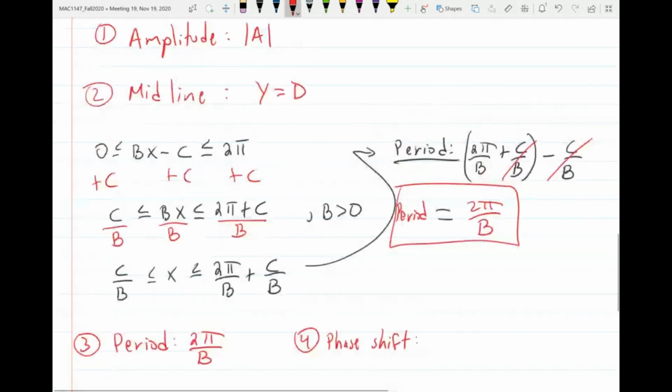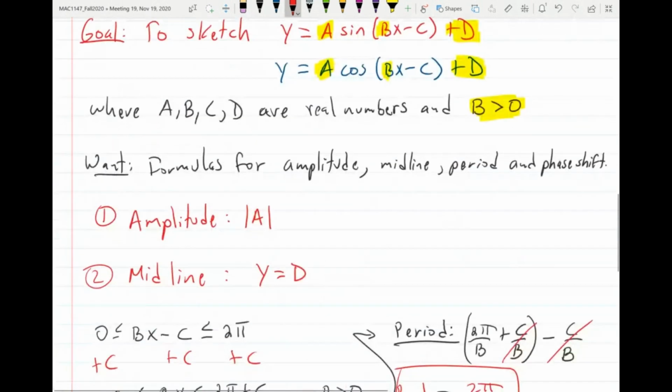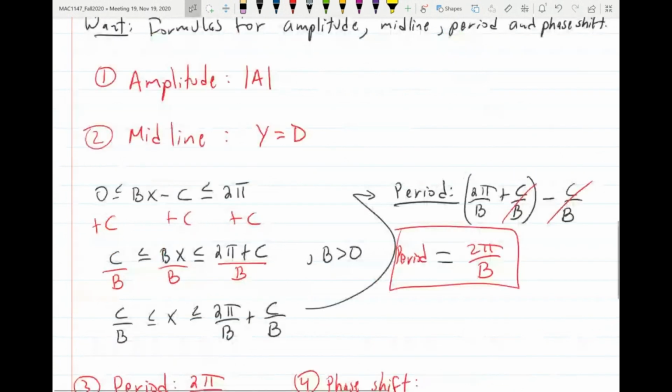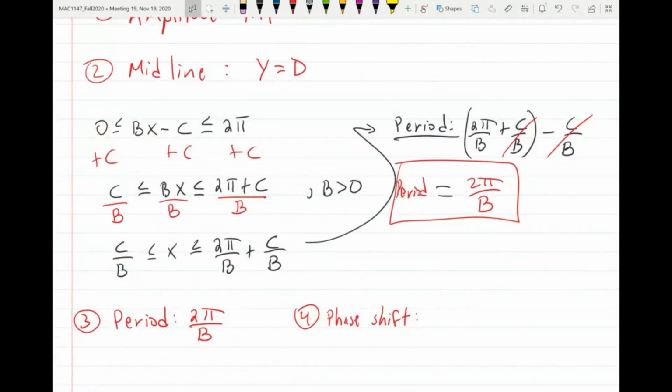So originally, our main cycle was between 0 and 2 pi. So the left endpoint of the cycle was at 0. And we can see here that now the left endpoint of the x in the main cycle is c over b. So this means that the picture moved C over B units horizontally.